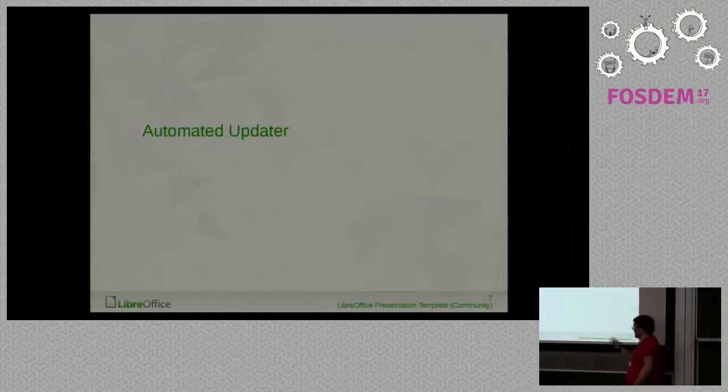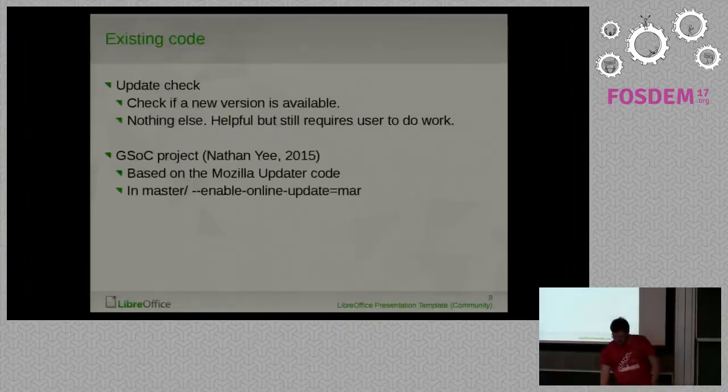So I started, therefore, to look into how we can solve this update problem. We have some code already in this direction. We have the update checker. It checks if a new version is available and notifies the user. The user still needs to install manually, and apparently most users don't do that.